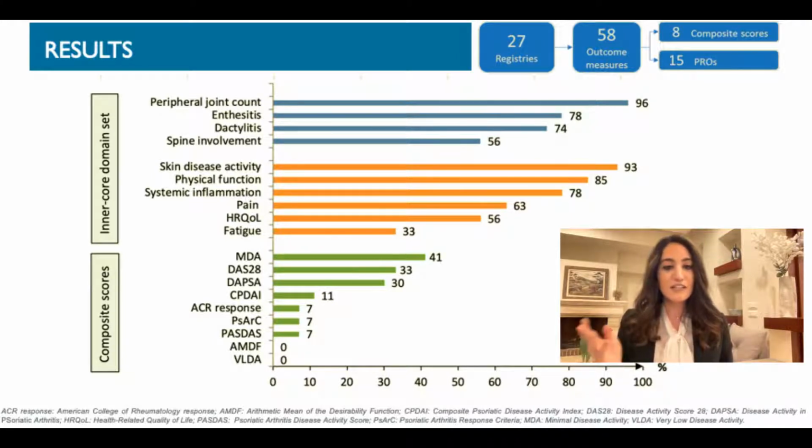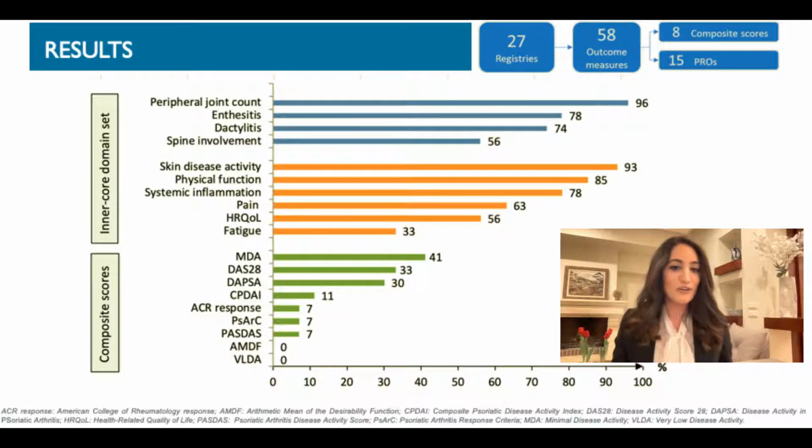In fact, MDA and DAPSA are the two recommended instruments to define treatment target, and this was recommended by the International Task Force in 2017. However, the DAS28 is adapted mostly for RA, and it is not recommended to evaluate disease activity in PsA.